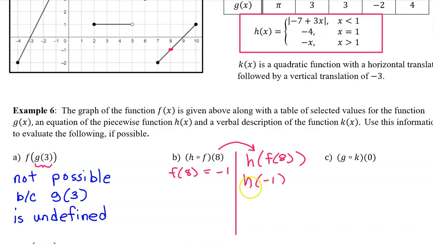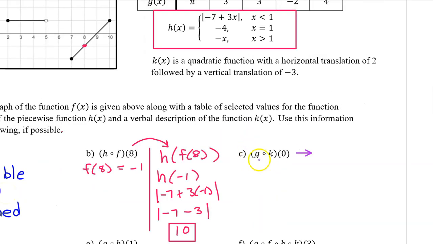So we will evaluate h at -1 by plugging in -1 for x right here. So this will be absolute value of -7 plus 3 times -1. So that's going to be, I'll just show it, -7 minus 3. This is the absolute value of -10, which is +10.